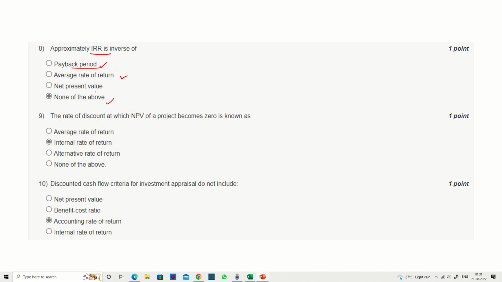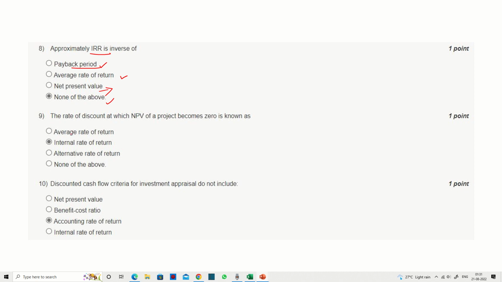Similarly, net present value is also not inversely related to internal rate of return. By definition, when net present value becomes 0 for a particular discounting rate, this is termed as IRR, and there is no approximately inverse relation between NPV and IRR.